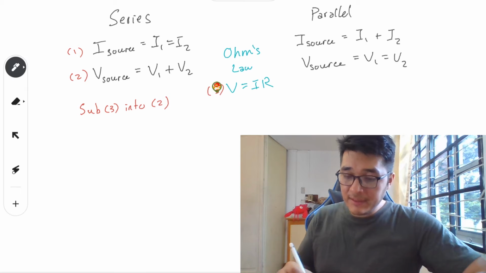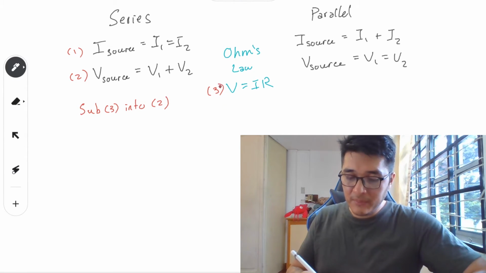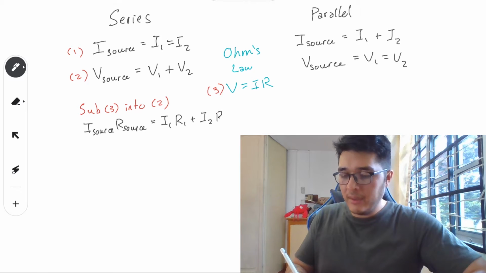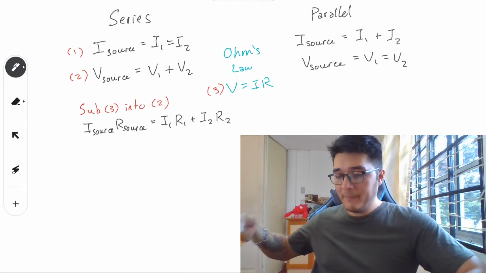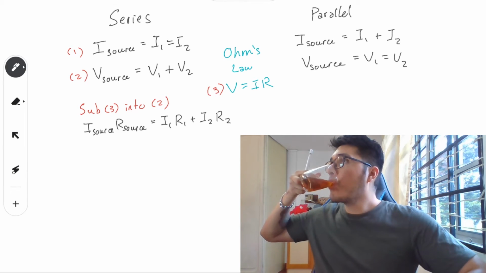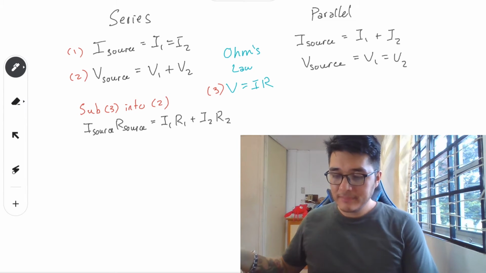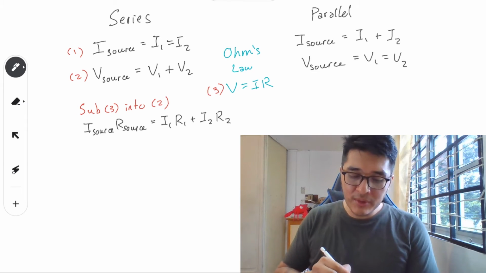So again, instead of voltage, we're going to write current times resistance, because that's what it's equal to. So it will be I source R source equals I1 R1 plus I2 R2. I'll give you a moment to look at that. And now we're going to use equation 1.